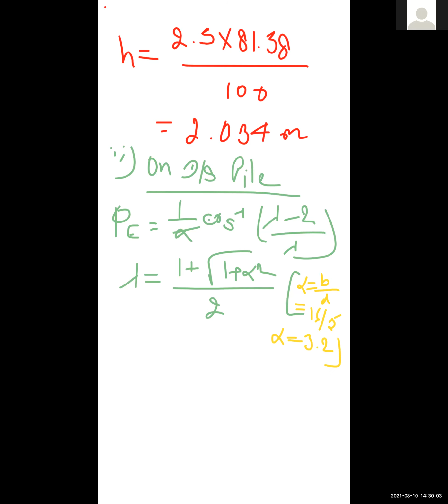So alpha equal to 3.2. So again put the value of lambda. So lambda equal to how much? 2.176. Then phi E is calculated by putting the value of lambda.